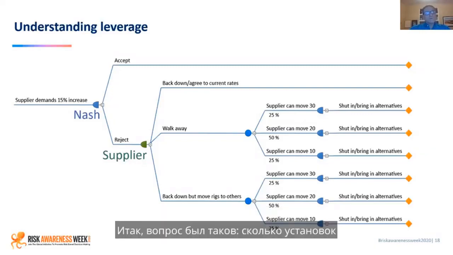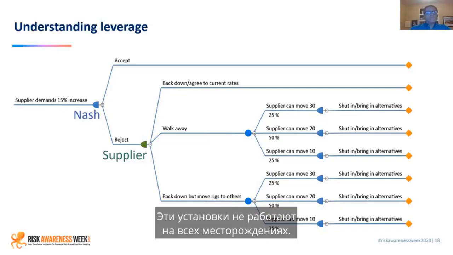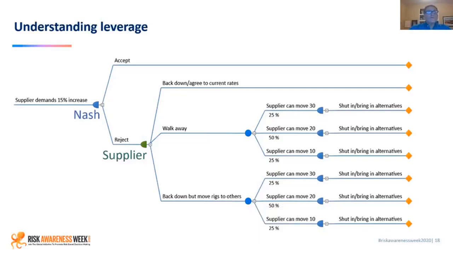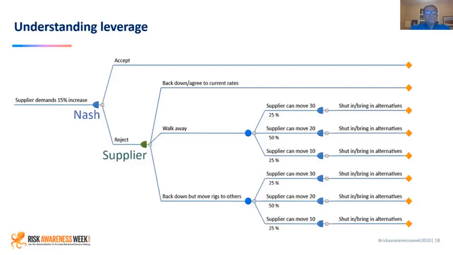So then the question was, well, how many could they actually move to other producers? These rigs did not work on all sorts of fields. They had a very particular application.